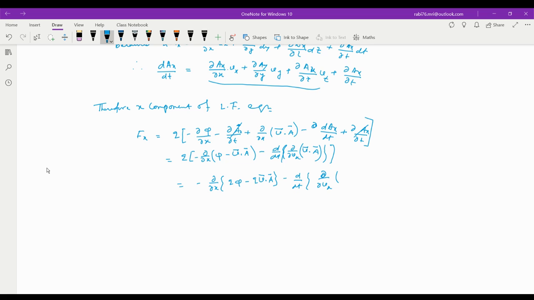So we can write it, so put it plus here, phi minus v dot A, right? So there will be an overall negative. So this negative, we take this, put it plus here and minus it here, right? And one q will be there, right? So the Lorentz force equation is this.